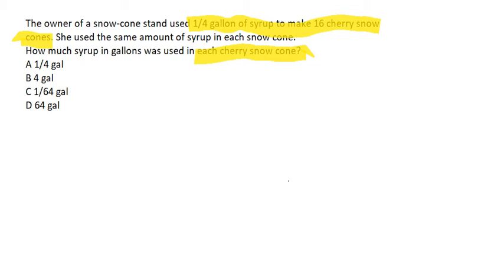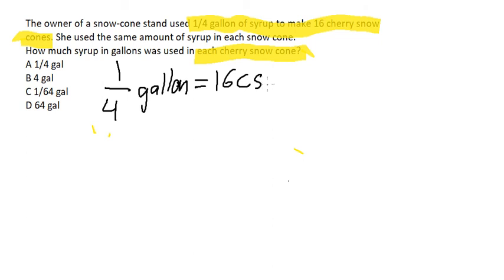And the first step for this question would probably be to start with an equation. So let's create an equation. 1/4 of a gallon equals 16 cherry snow cones.